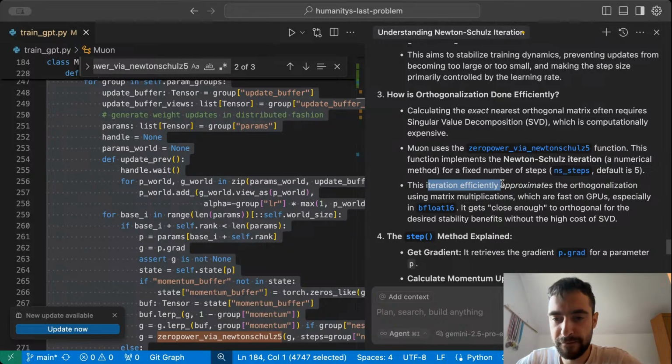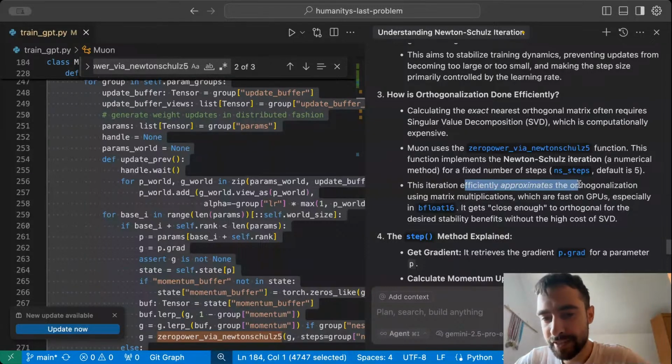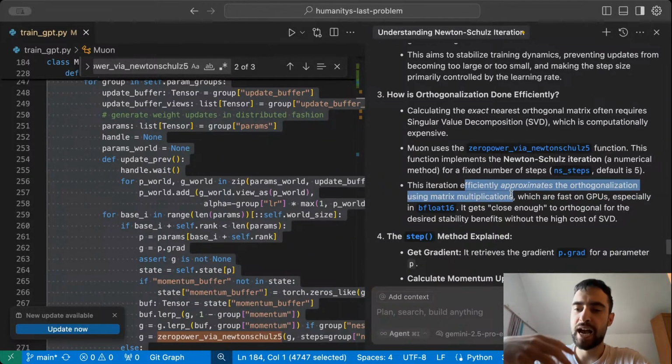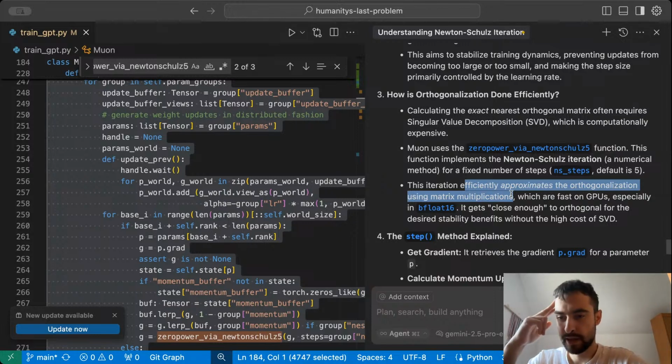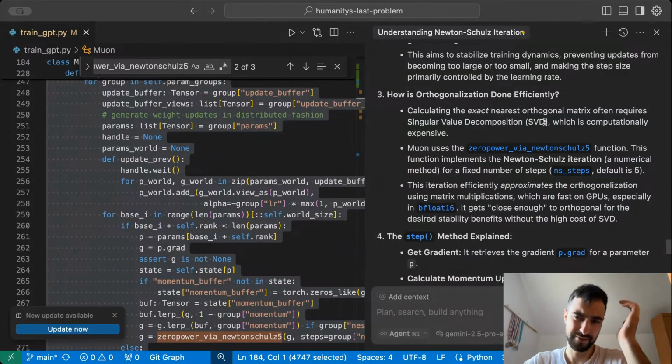This iteration efficiently approximates the orthogonalization using matrix multiplications, which are fast on GPU. But if you used singular value decomposition, it's also a matrix multiplication, I think.